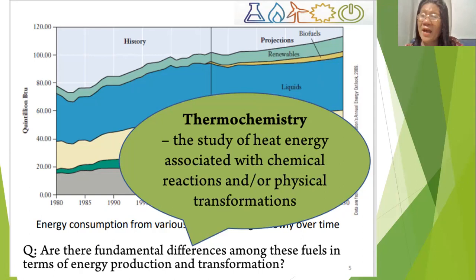Also, the fuel extracted underneath by people in the Middle East is non-renewable. Renewable, as I have said, we can have the biomass, the biofuel. That is heat associated with chemical reaction, and that is thermochemistry.